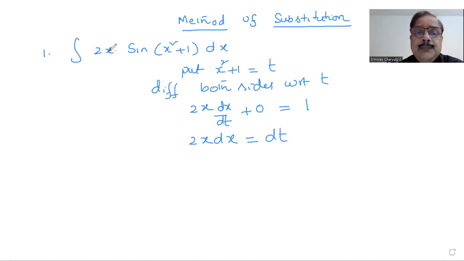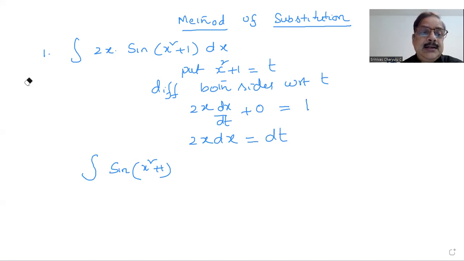So now if you observe the given sum here, 2x sine of x square plus 1 dx is there. So 2x dx you can write independently as dt. The sum becomes simpler now. So integral, I am writing now, sine of x square plus 1 into 2x dx.